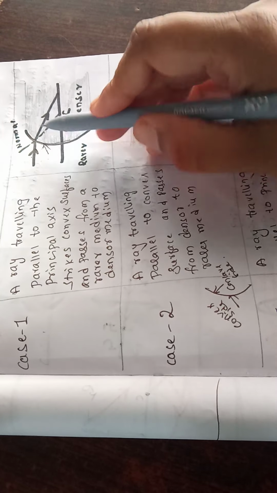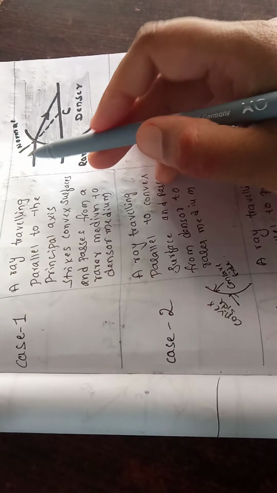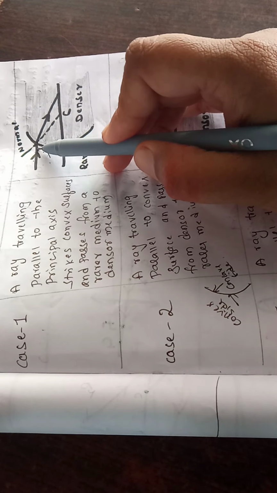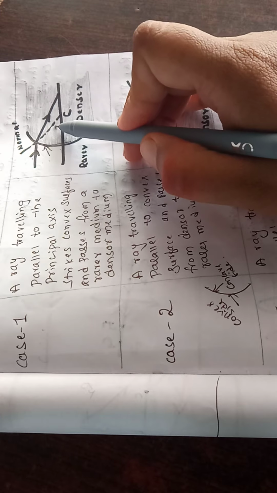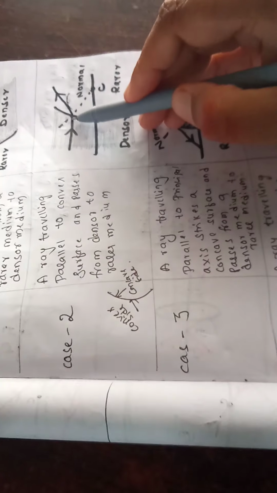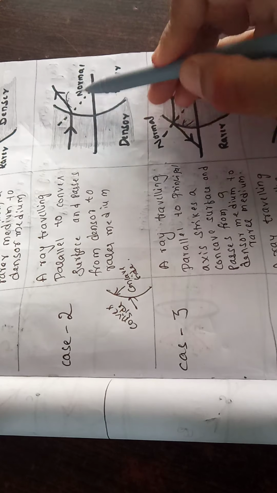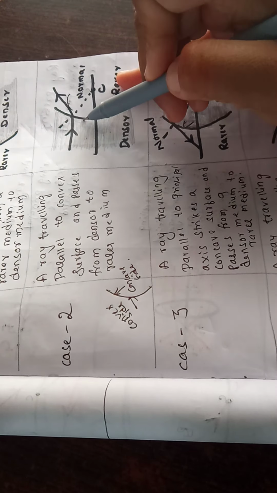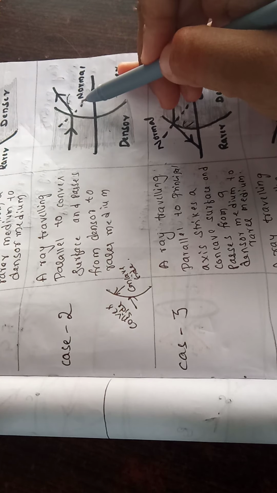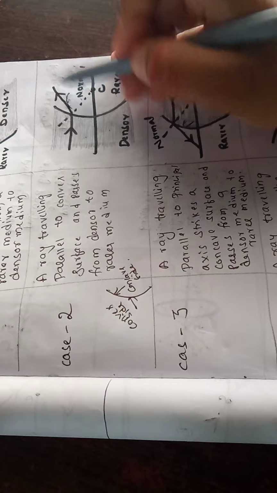So in this case, the light ray travelling from rarer to the denser medium and striking the convex surface bends towards the normal. In this case, travelling from denser to the rarer medium and striking the convex surface, it bends away from the normal.